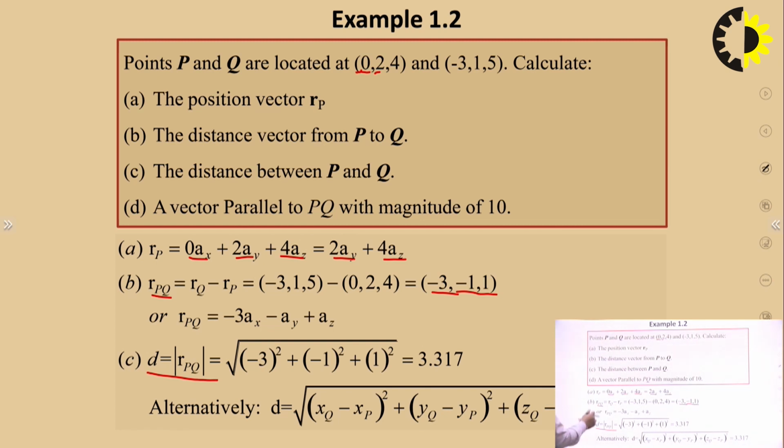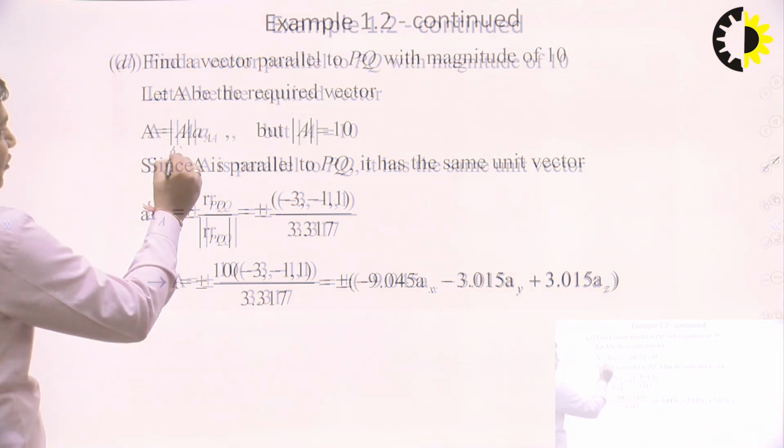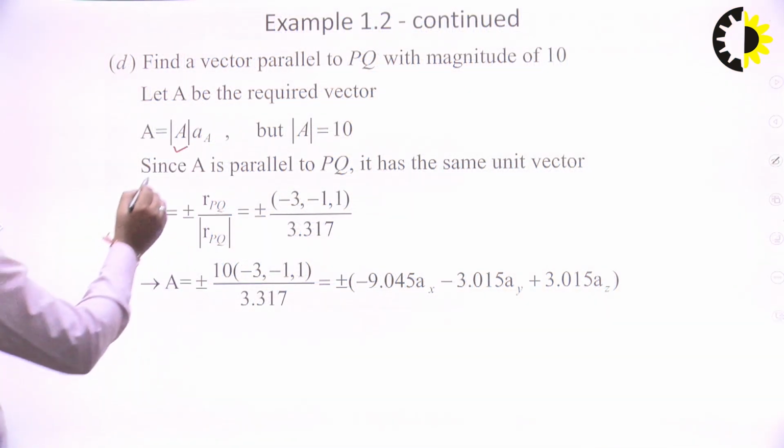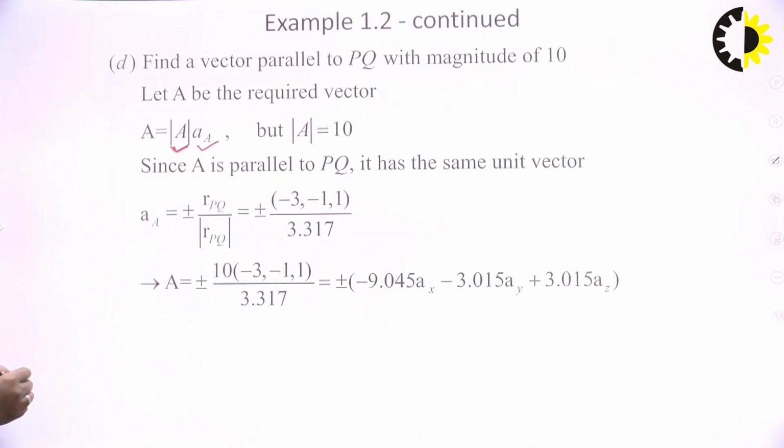And the second last question is: find a vector parallel to PQ with magnitude of 10. So vector A is defined by its magnitude and the direction of A, that means the unit vector in that particular direction.